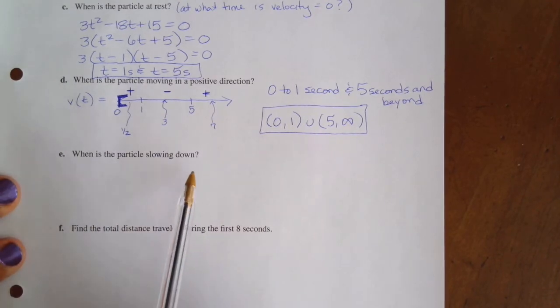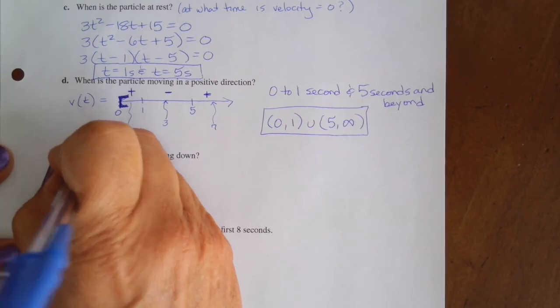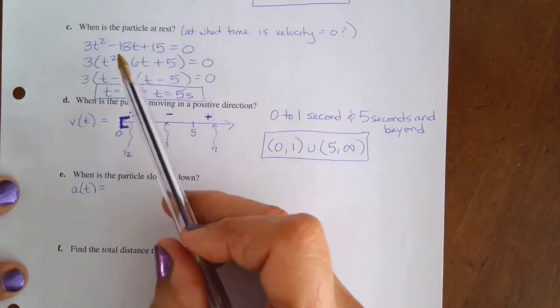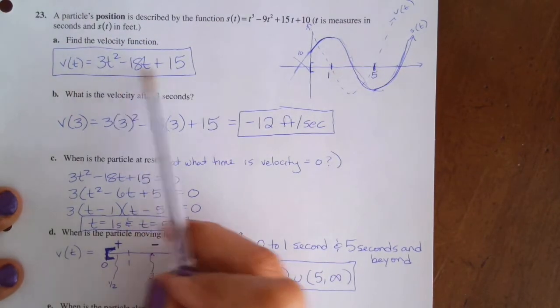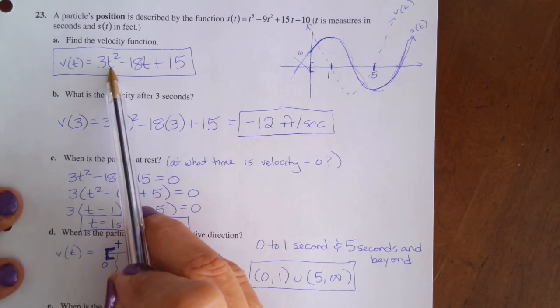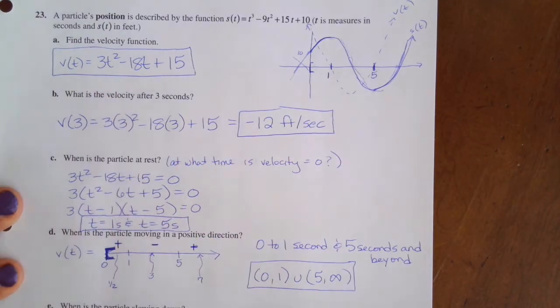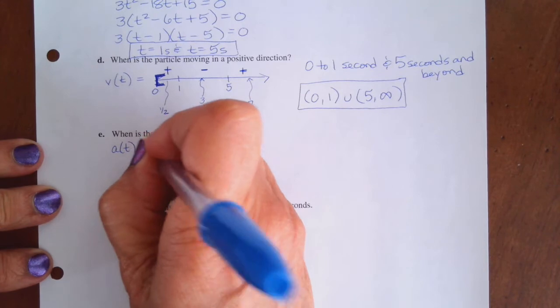All right, so for slowing down or speeding up, I need to look at the velocity and the acceleration, okay? So first off, let's find the acceleration function, which is the derivative of the velocity. So we're going to find the derivative of this. So we would do 3 times 2 is 6t minus 18. Right? So a of t would be the derivative of v of t. So that is 6t minus 18.